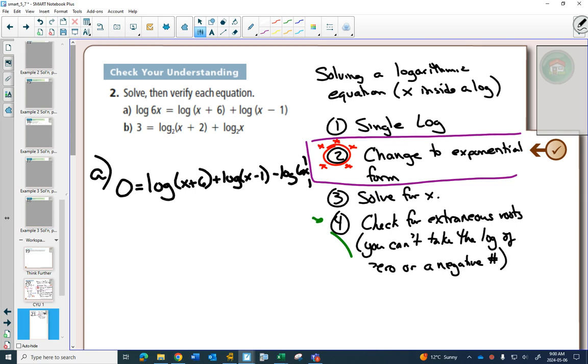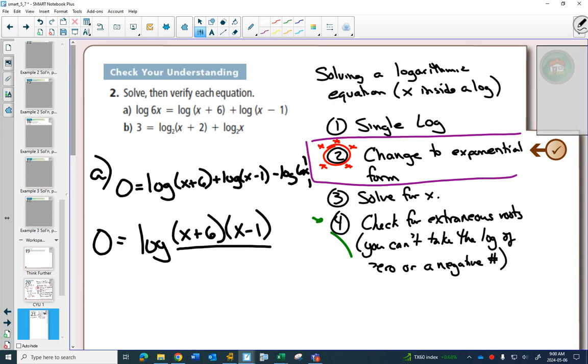So I subtract that log 6x to the other side. And then I would combine as a single logarithm. Remember, adding and subtracting, you can combine in a single step. Whatever is added, that'll get combined in your numerator. Whatever is subtracted, that'll go in your denominator.